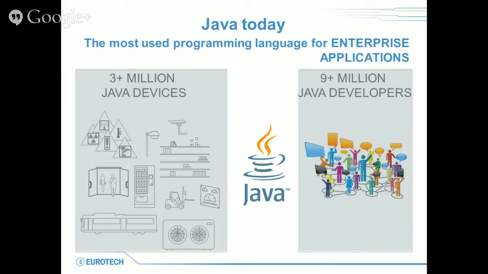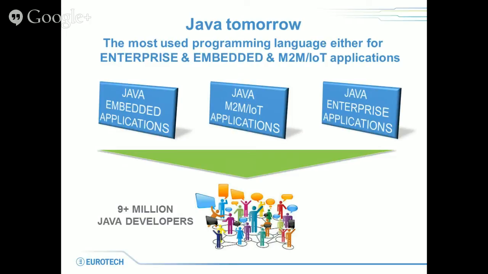And there are 3 million Java devices running embedded applications now. A few years ago, they were counted as a third, so 1 million. So this is increasing very rapidly. And tomorrow, when we will see that the embedded applications communicate with the enterprise applications, through a new kind of applications that we call the IoT applications, then we can count on a very large community of programmers that are the 9+ million Java developers out there.